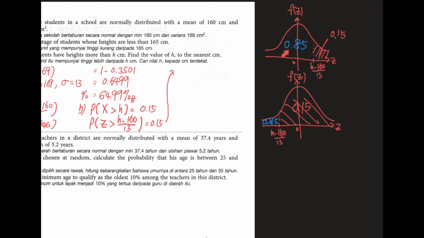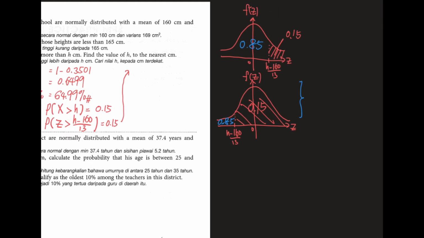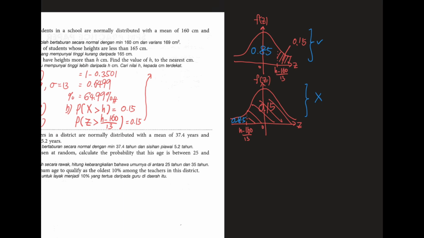So from here, obviously we can see that this is correct, because the big region takes the big value, the small region takes the small value. This is correct. This is wrong. The small region takes a big value, not reasonable. The big region takes a small value, so this is not true. This one is correct.